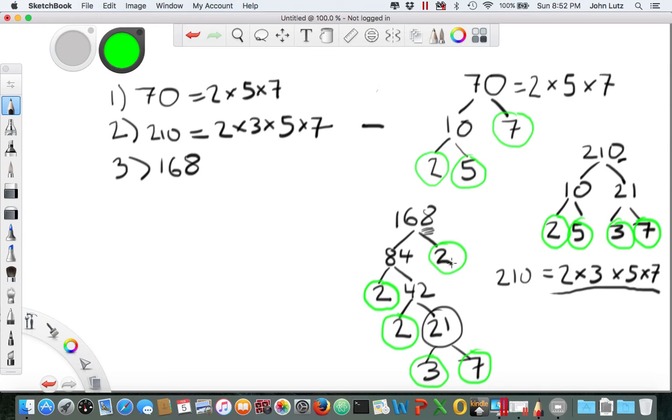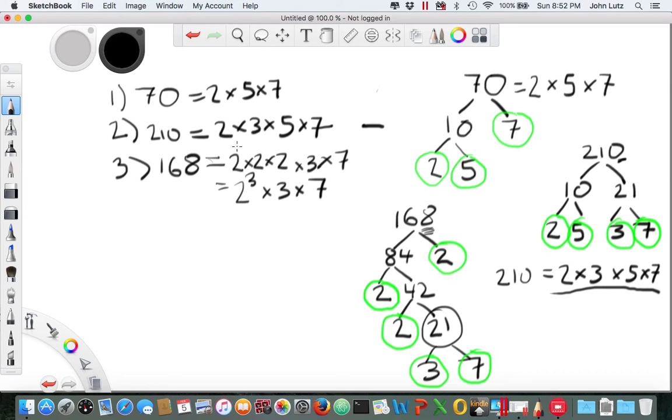And now in this case, notice I've got 3 of the same number. With a prime factorization, we're going to include all 3 of those. So let's go ahead and go back to black. We'll move this, and I've got 2 times 2 times 2 times 3 times 7. And a lot of times you'll see that written as 2 to the 3rd power times 3 times 7.